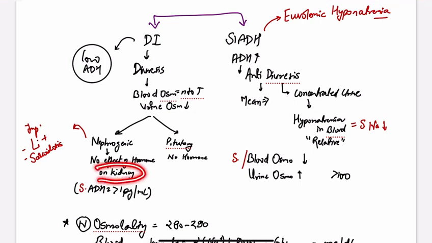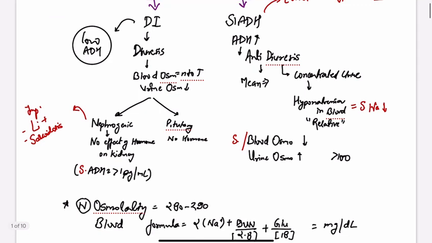On the kidney the hormone is present but there is no effect. The important causes for nephrogenic diabetes insipidus you have to remember are lithium and sarcoidosis, meaning lithium toxicity. In nephrogenic diabetes insipidus, when you measure the ADH, it will be more than 1 picogram per ml.